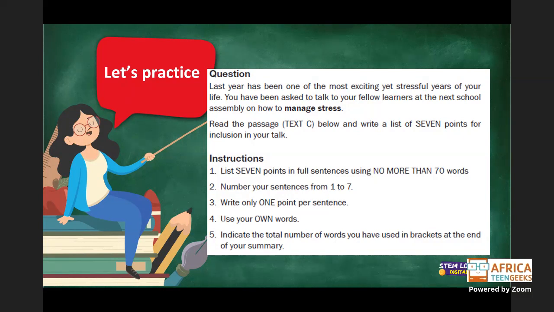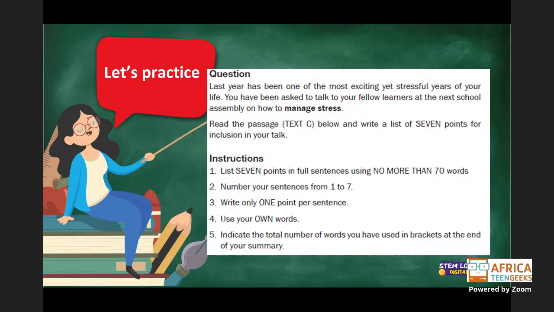Note that the keywords in the question are manage stress, okay? So all 7 of your points must focus on that key phrase, manage stress, okay? Right, so read the passage, text C below, and write a list of 7 points for inclusion in your talk.